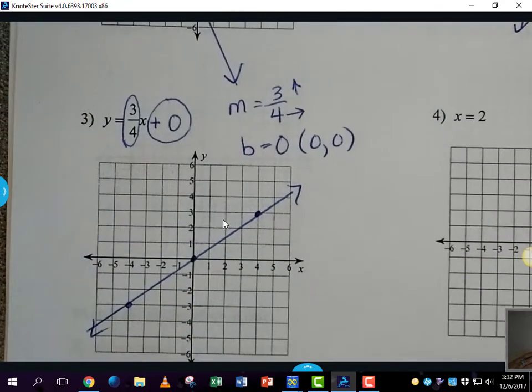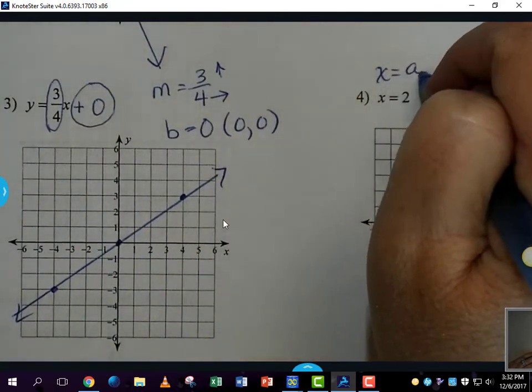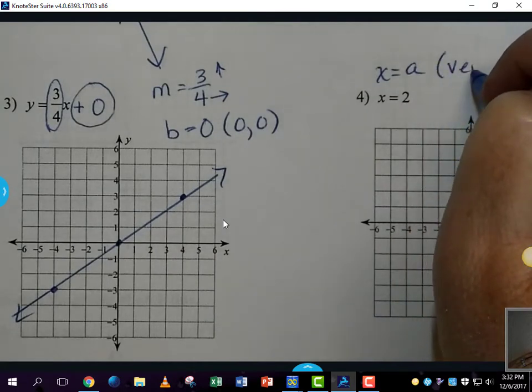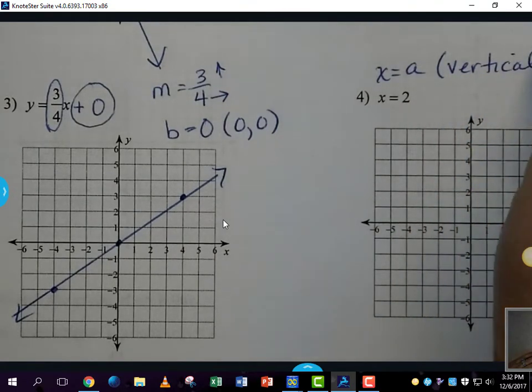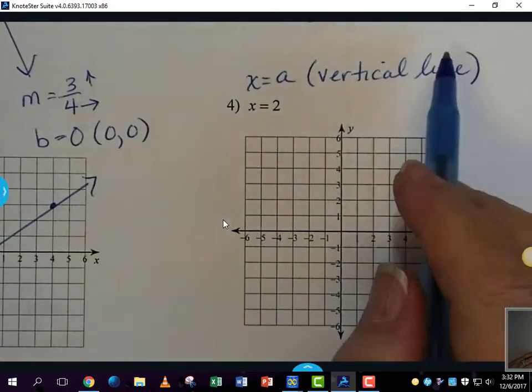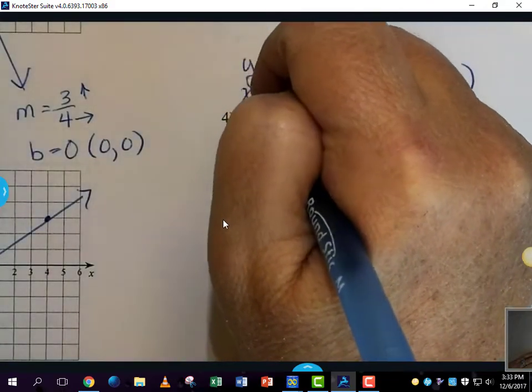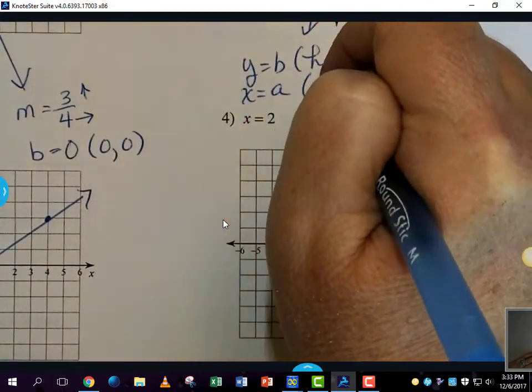Okay, the next one is in the form x equals a, which hopefully you know is a vertical line. Okay, if it's in the form x equals a, it's a vertical line. If it's in the form y equals b, then it's a horizontal line.